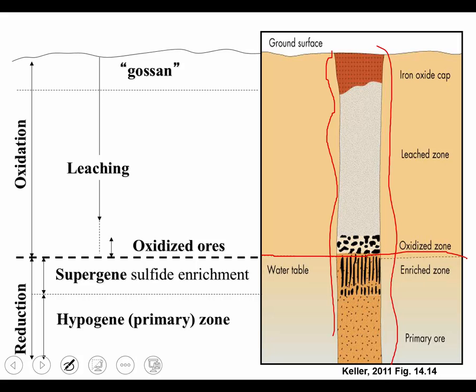So at the very top, we have a feature called a gossan, which is a weathered cap. It tends to have a lot of iron oxides. They're insoluble. But then we have a leached zone, and it's kind of like the A horizon, that leached A horizon that's maybe a foot deep, except this might be 1,000 feet deep.